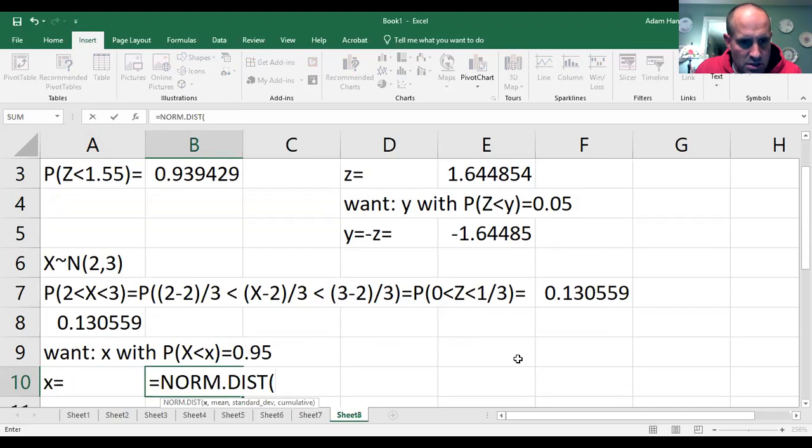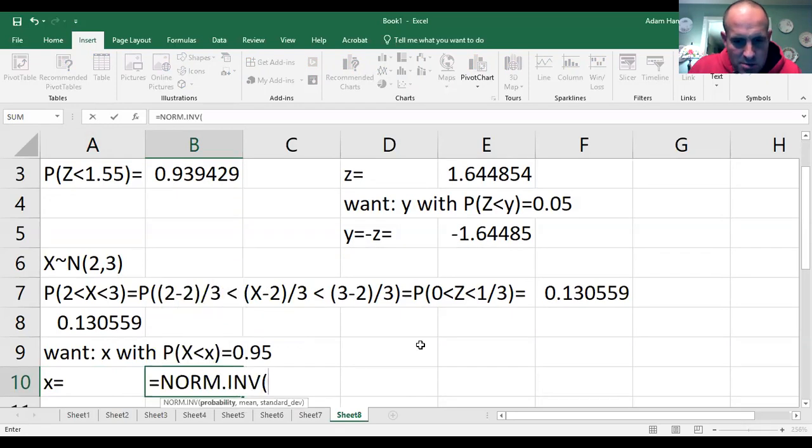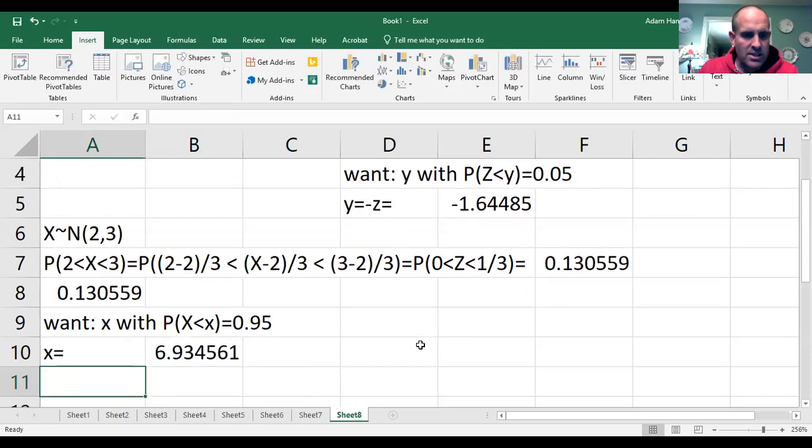Actually, hang on, that's not what I wanted. I want the normal inverse, because I know the probability. What's the probability I want to the left of this little x value? 0.95. What's the mean? 2. What's the standard deviation? 3. And I go like that.